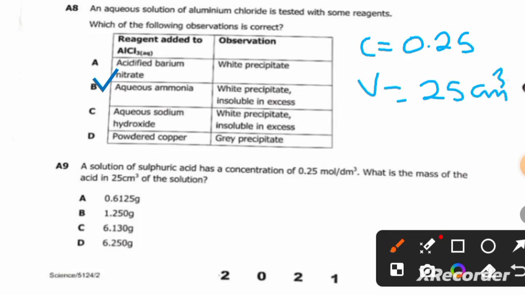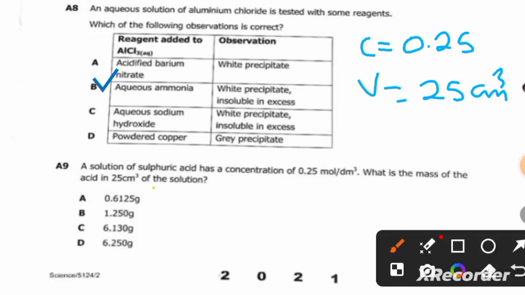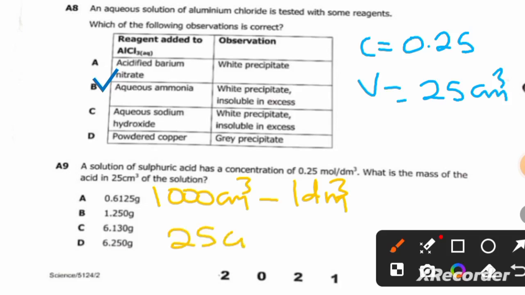So if we convert this one, by saying 1000 cubic centimeters make 1 cubic decimeter, and here we are going to write 25 cubic centimeters. We do a cross multiplication. We are going to have 1000x is equal to 25.